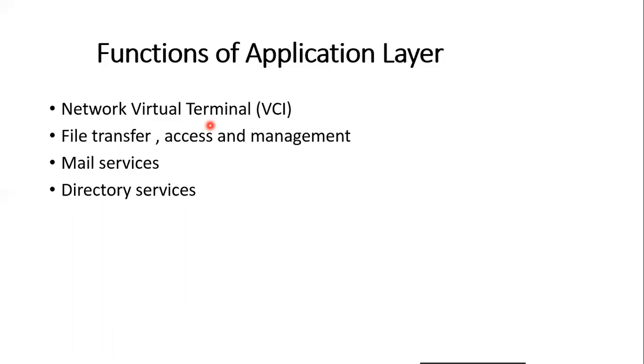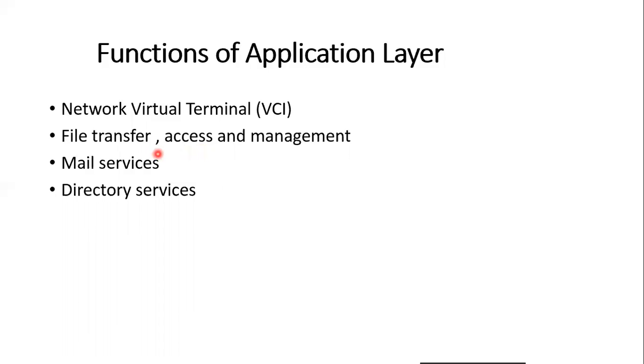Then file transfer and access management. Here, the applications allow a user to access files in a remote computer, to retrieve a file from the remote computer for use on the local computer, and to manage or control the files in the remote computer locally.